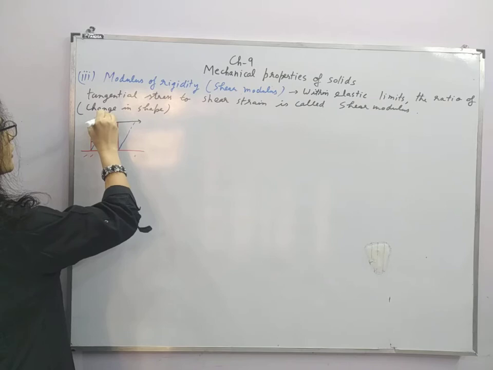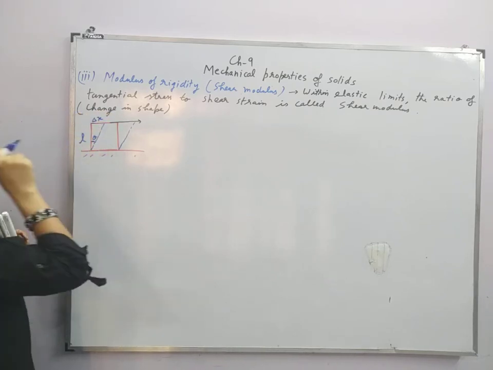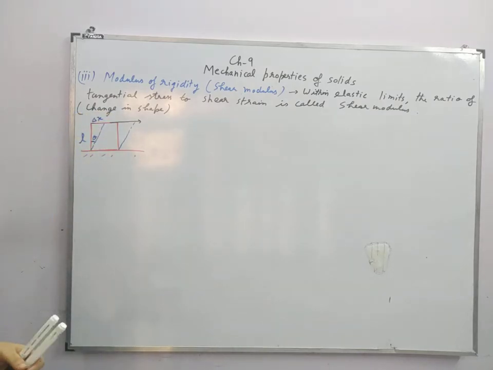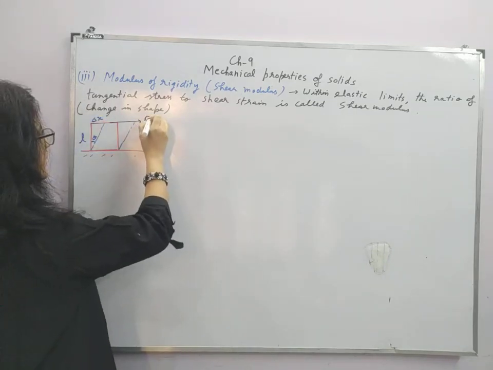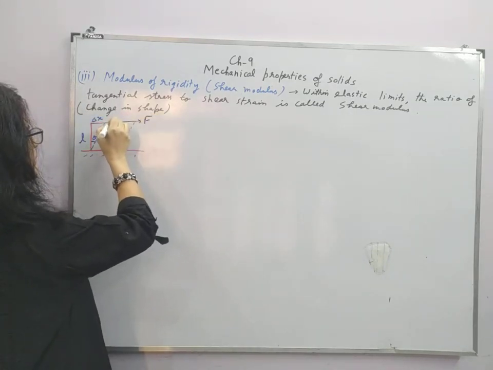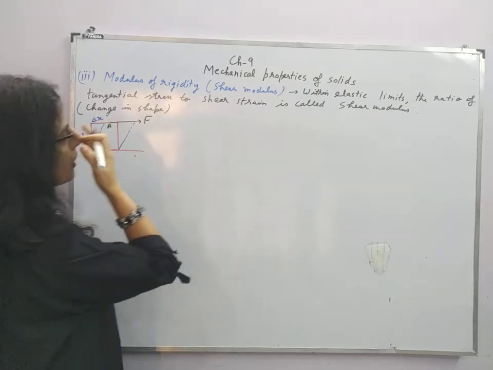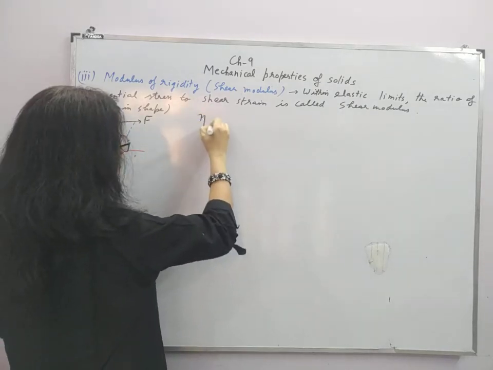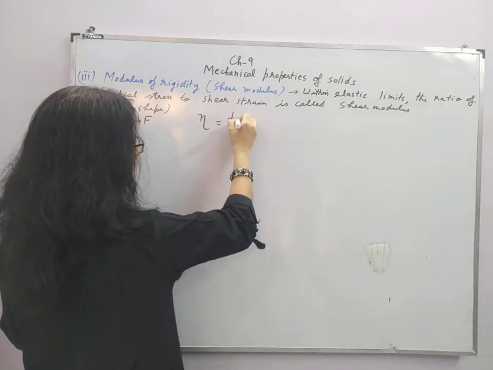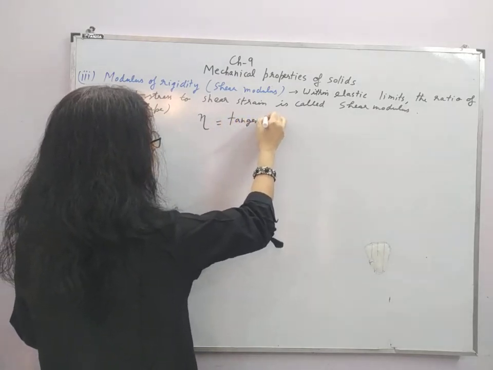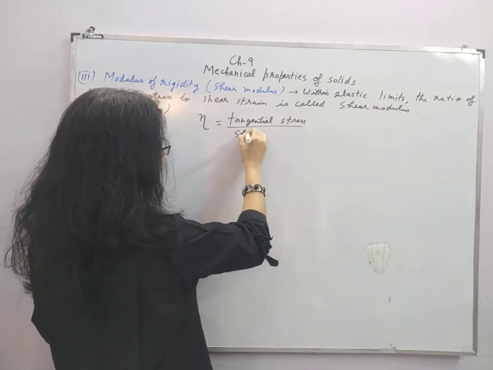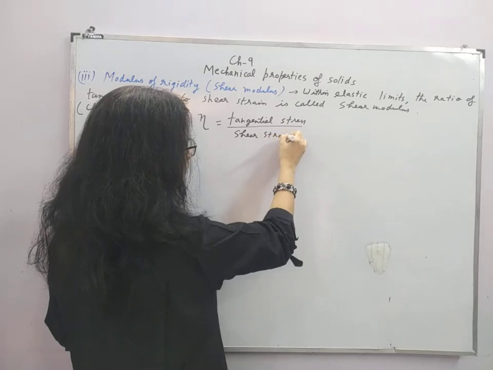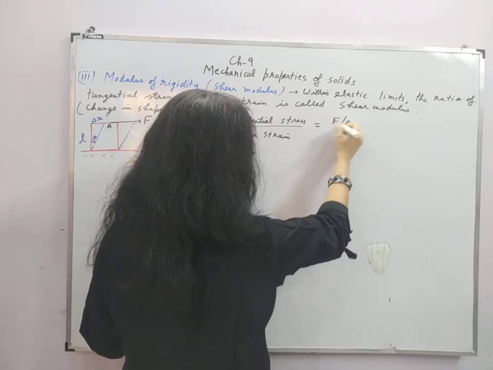If we consider this shifting is delta x, and this was the initial vertical height of the object, L, and this force is applied here. Area of the surface of this body was A. So modulus of rigidity is denoted by eta. So this is tangential stress upon shear strain, and tangential stress is force upon area.